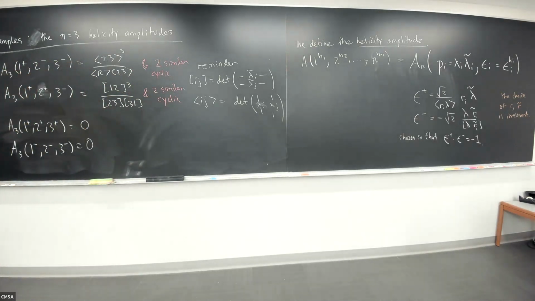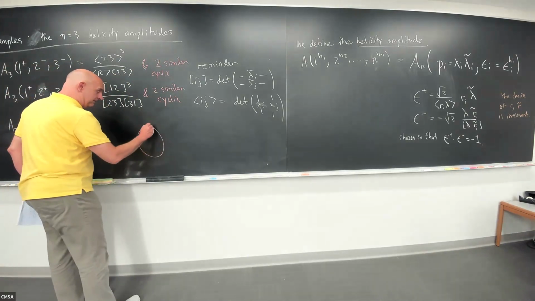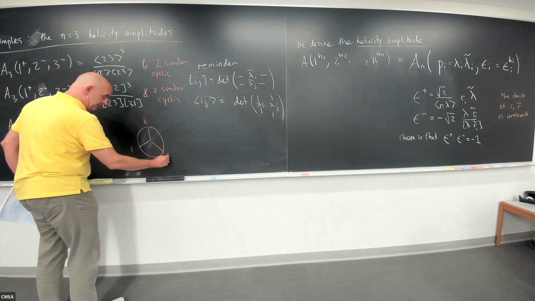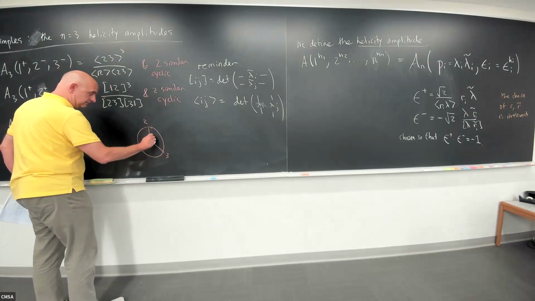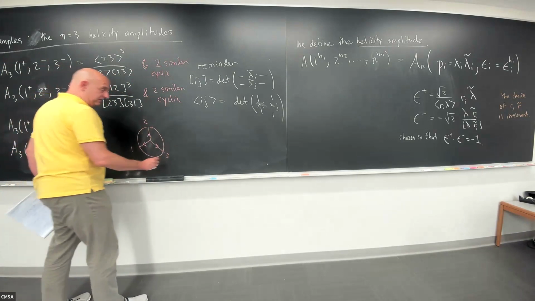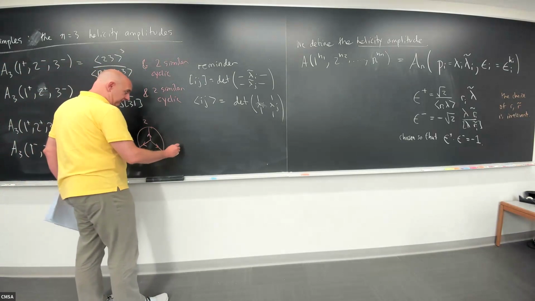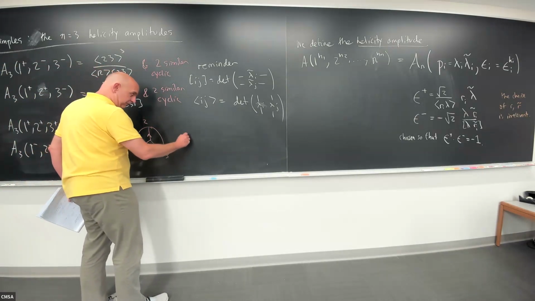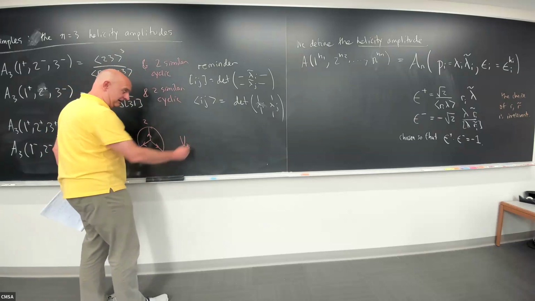And the formulas you're showing are what we would get from the unique Feynman diagram? Yes, exactly. So in this case, there's a unique Feynman diagram that looks like this. So it's essentially, up to a factor of minus i, what I called V3 from last lecture.